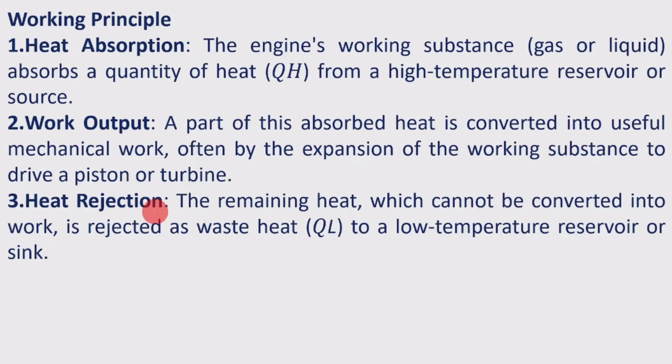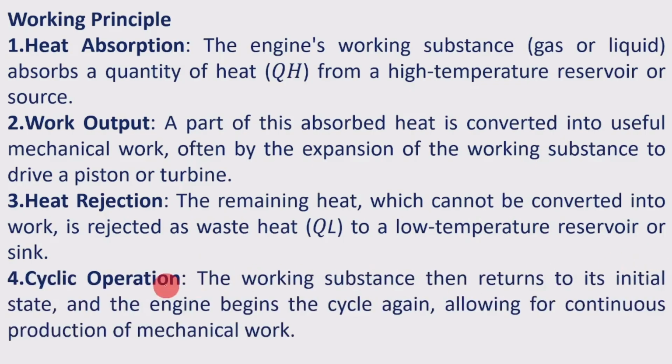Third one, heat rejection. The remaining heat, which cannot be converted into work, is rejected as waste heat to a low temperature reservoir or sink. Fourth one, cyclic operation. The working substance then returns to its initial state and the engine begins the cycle again, allowing for continuous production of mechanical work.